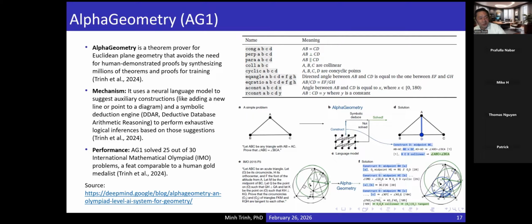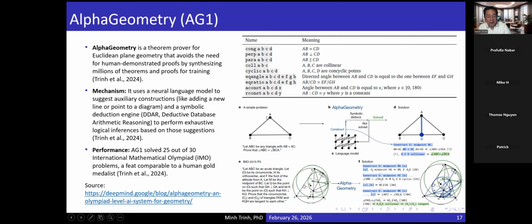It doesn't do 3D. It uses the same idea: neural language models to make suggestions. In geometry, they don't talk about moves or parameters, but what they call auxiliary constructions.